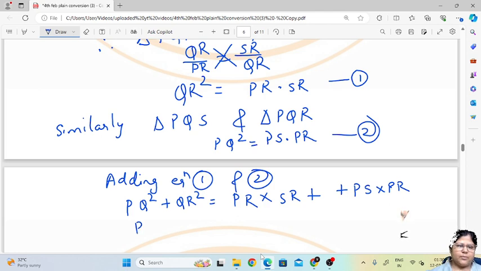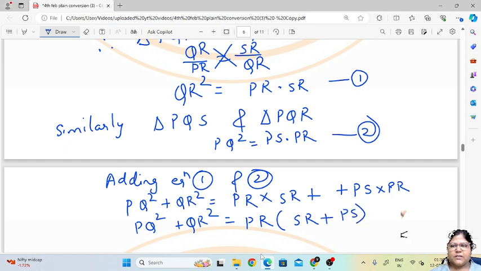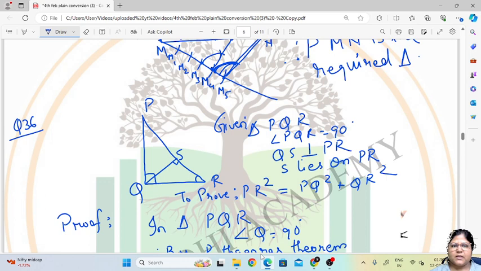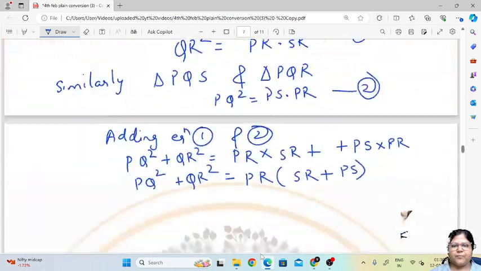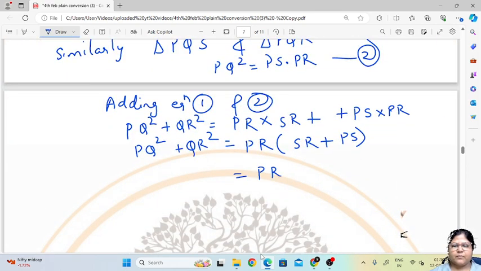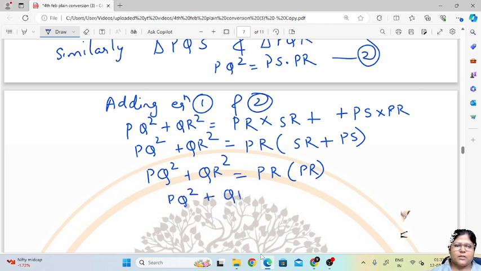So PQ square plus QR square is equals to, what is common you can take is PR. So SR plus PS remains. What is SR plus PS? SR plus PS is PR only. So bracket again you write PR only. So PQ square plus QR square is equals to PR square. So hence proved.